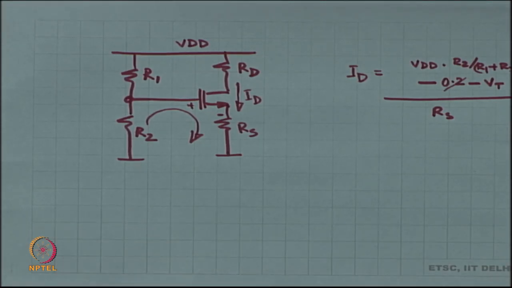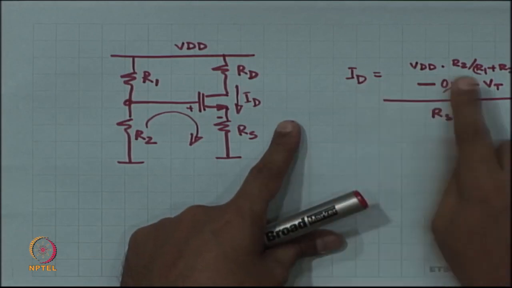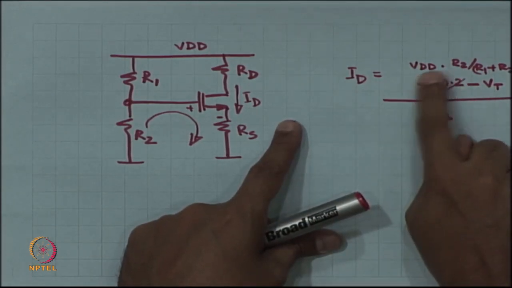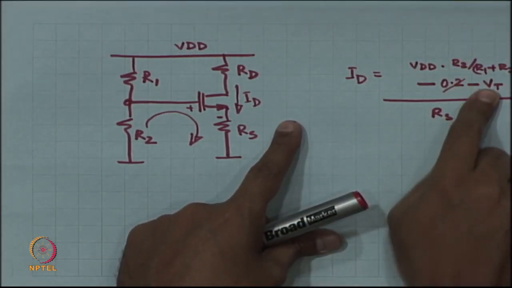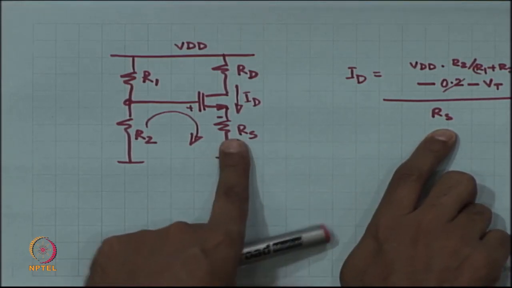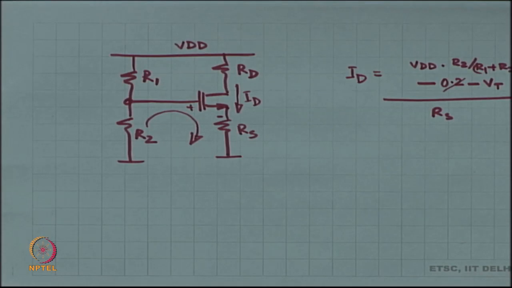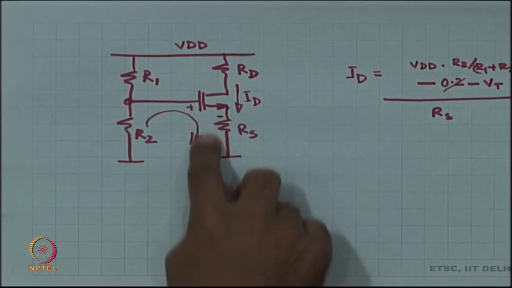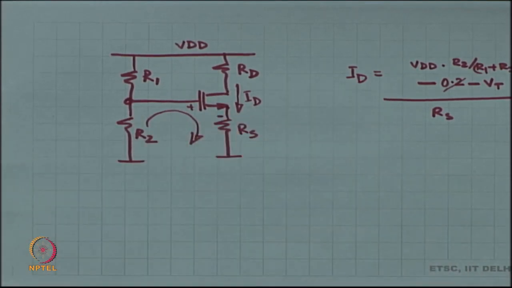All right. So, eventually you are actually fixing ID, and ID is pretty much equal to some voltage minus VT by RS. So, eventually ID is some voltage by RS. Okay. So, with the help of RS you are fixing the value of ID.